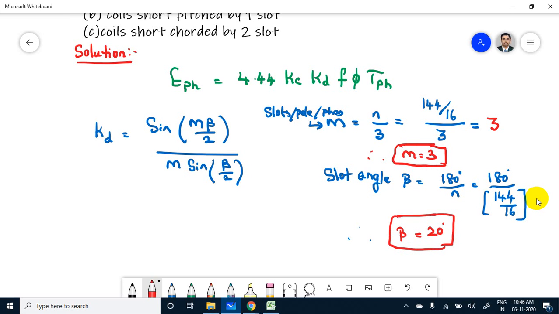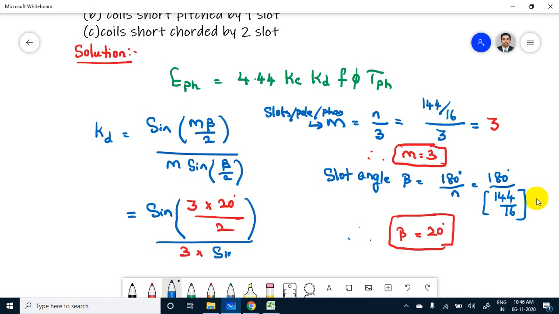Okay. Now can we substitute both the parameters in your equation? Substitute here. Sine of m into beta, 3 into 20 divided by 2, whole divided by m, 3 into sine of beta, 20 degree divided by 2.